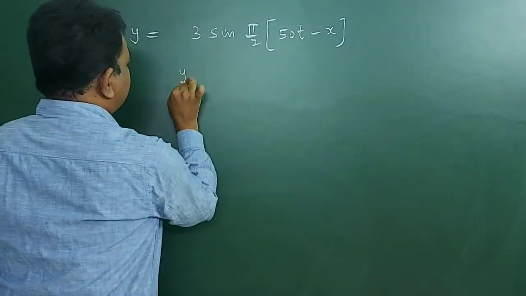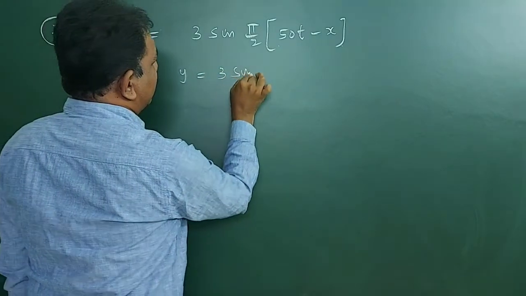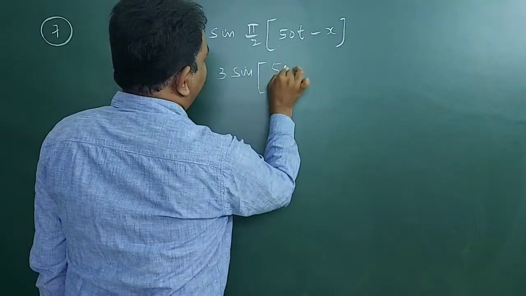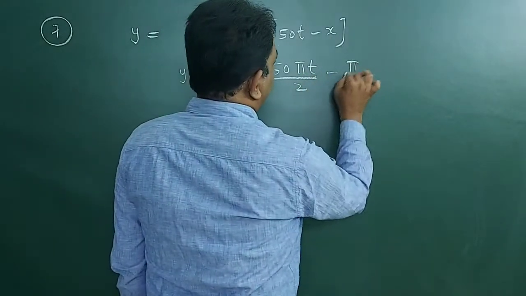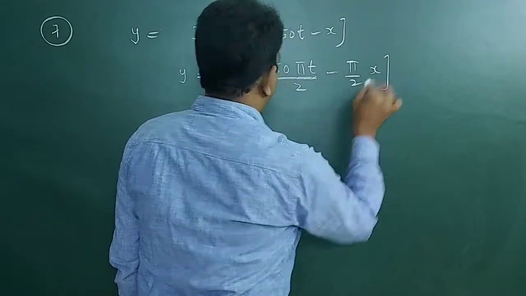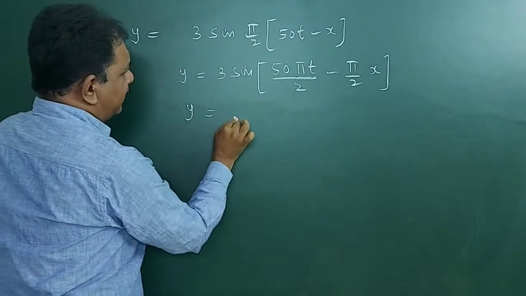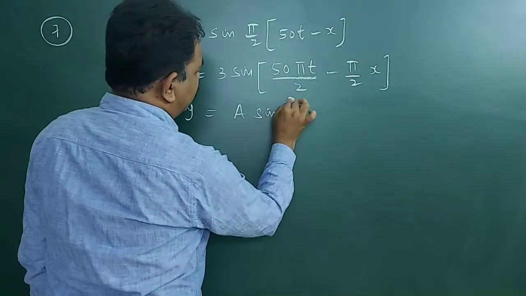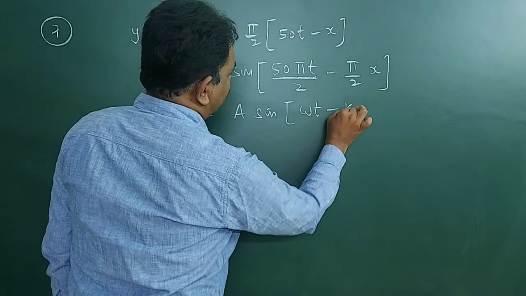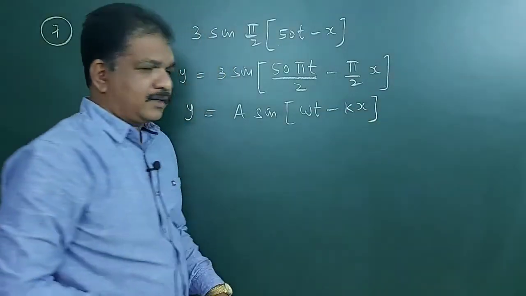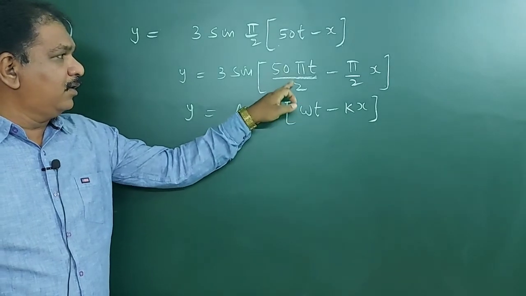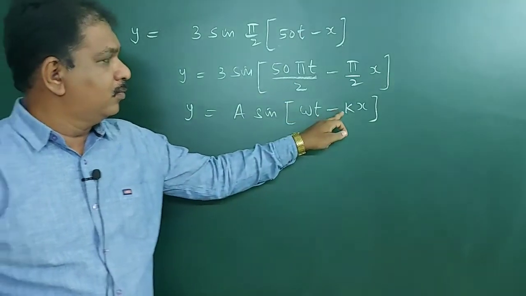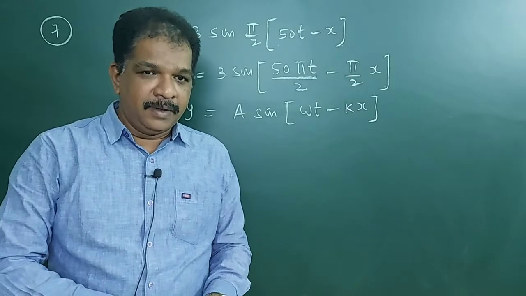Y is equal to 3 sine (50 pi t by 2 minus pi by 2 into x). Comparing with a sin(omega t minus kx), A value will be 3, omega value 50 pi by 2, k value pi by 2.